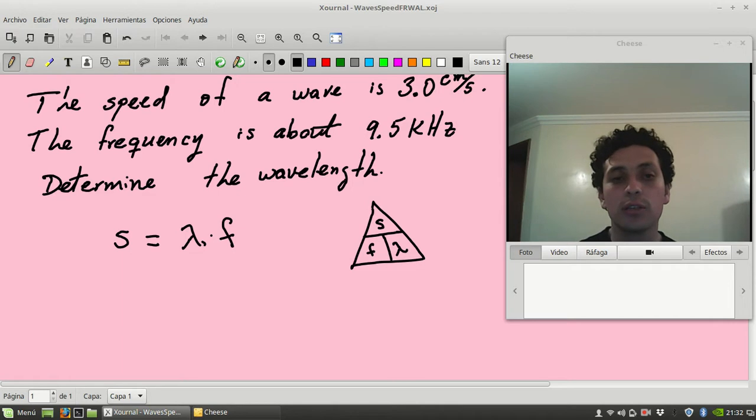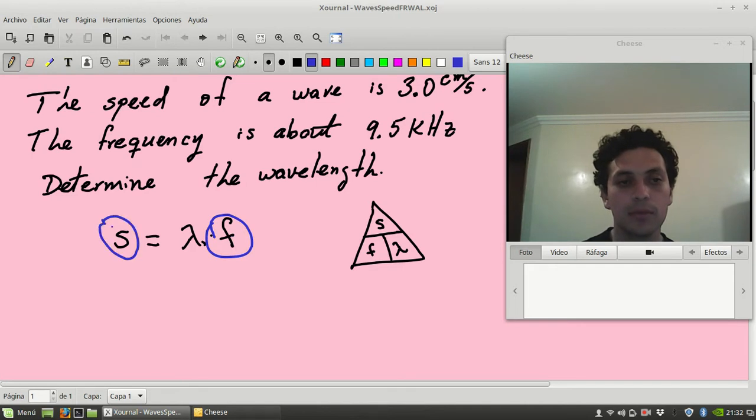We just have to take into account that here we have the frequency and the speed. But it's better, so you do not complicate your life too much, to put everything in SI units.